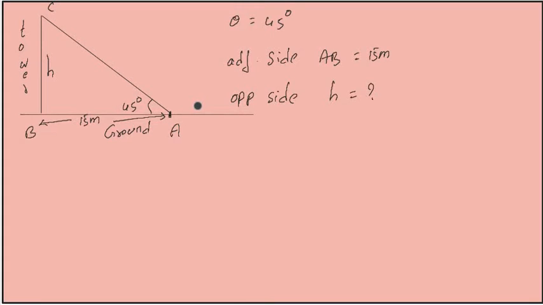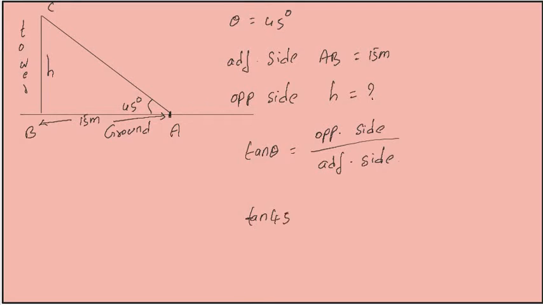See, which trigonometric ratio talks about opposite and adjacent? Tan. That formulas you have to know. What is tan theta formula? Opposite side by adjacent side. What is theta given?